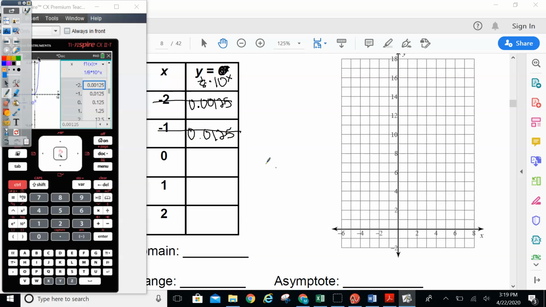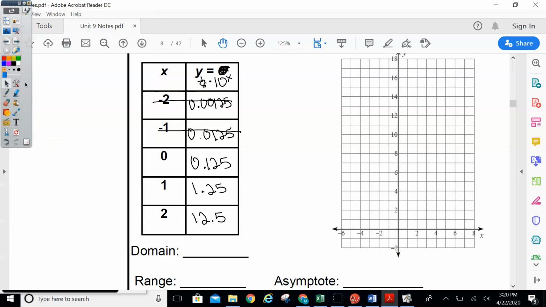Not going to fit that one. 0.125 maybe. 1.25. 12.5. And then coming down a little bit. After 12.5, it jumps way up to 125. So definitely not going to fit that one. So again, you're not going to fit the whole table. As long as you can fit 3 points, that's fine. So here are the 3 points that we can fit.